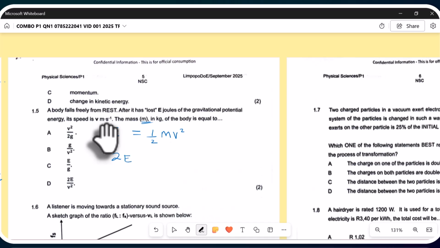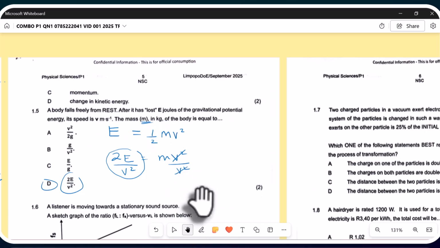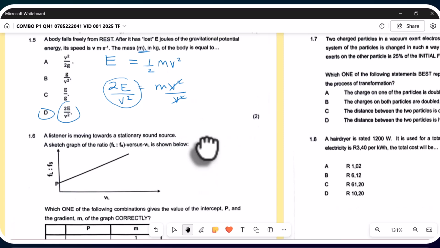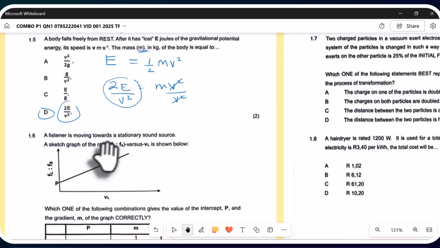Now because it is a stationary sound source, I'm going to have f listener divided by f source equals v plus v listener, who is moving towards the stationary sound source. So now v source is going to be 0, because it's stationary. So what is v minus 0? You get v. So divide by v everywhere, both sides.